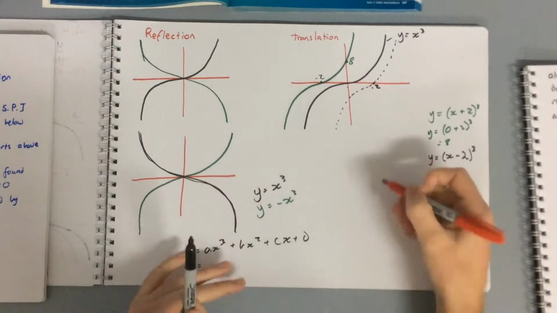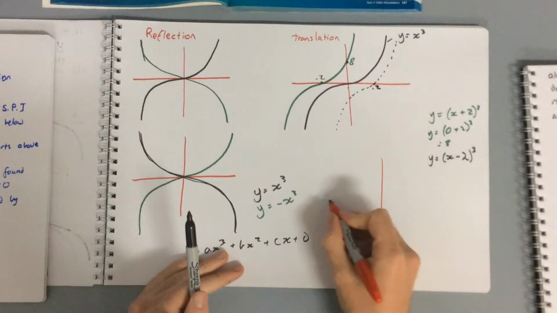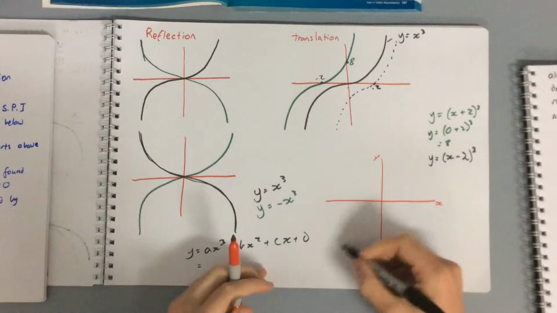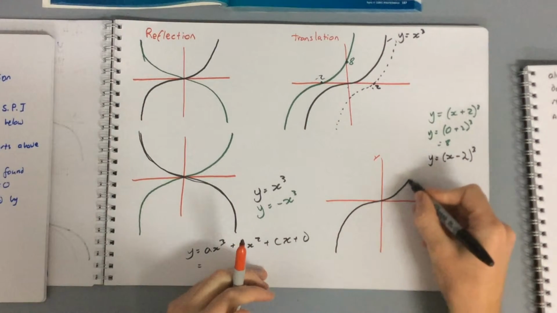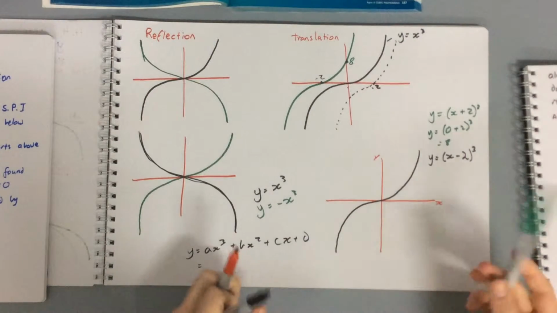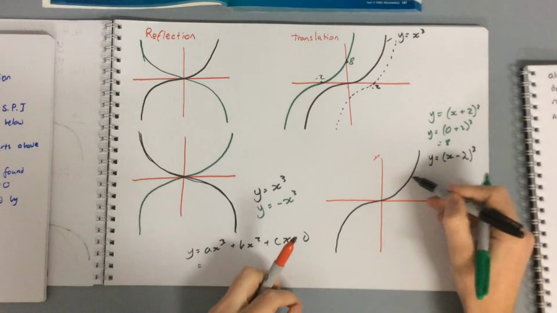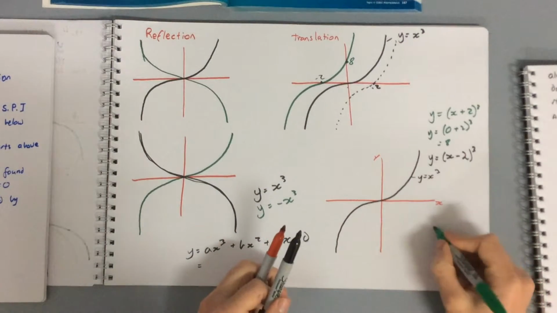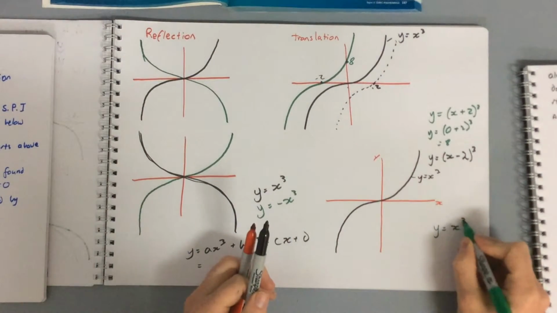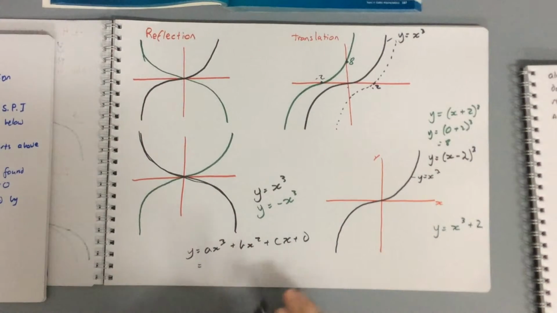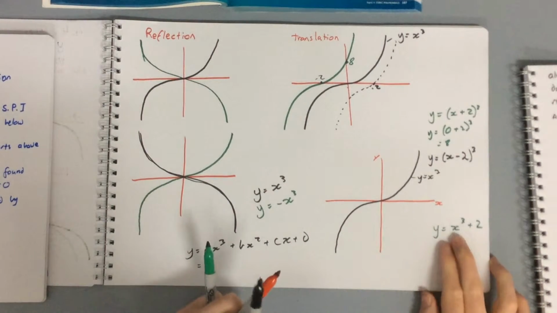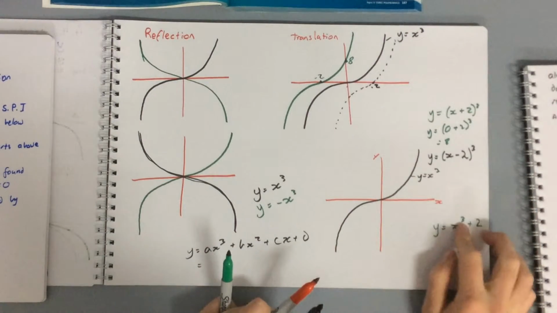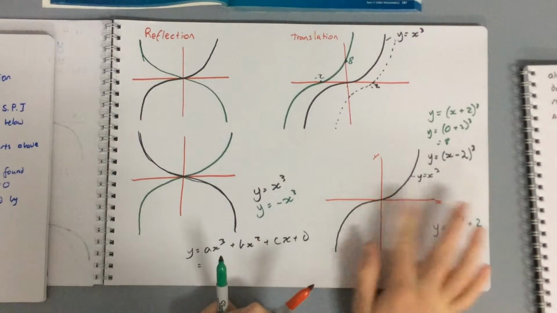Moving it up and down, here's our x, here's our y. Again, this one is y equals x cubed. Now, if I have y equals x cubed plus 2, that 2 is not inside brackets, so that indicates that it's going to go up and down. If it's inside brackets, or inside that cubed part, then it's going to move it left and right.